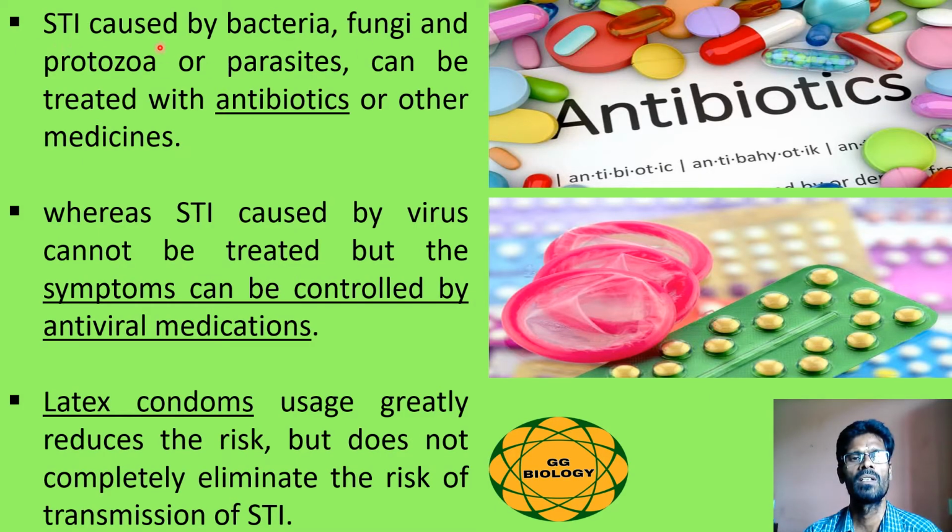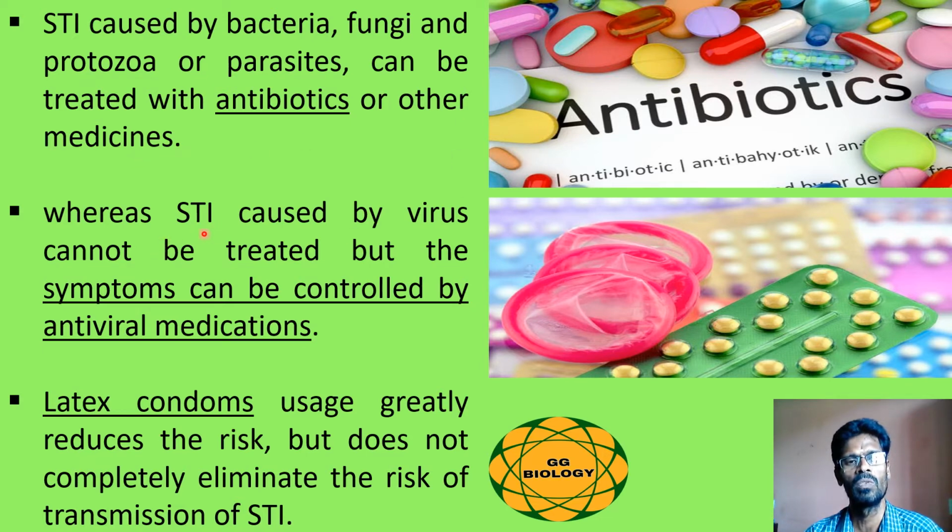STIs caused by bacteria, fungi and protozoa or parasites can be easily treated with certain antibiotics or other medicines, so the diseases caused by bacteria, fungi and protozoans can easily be controlled using antibiotics or other medicines.